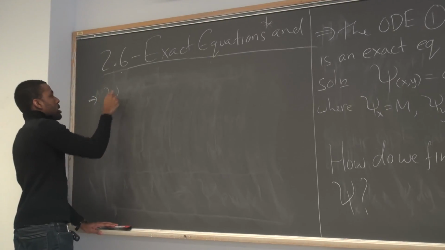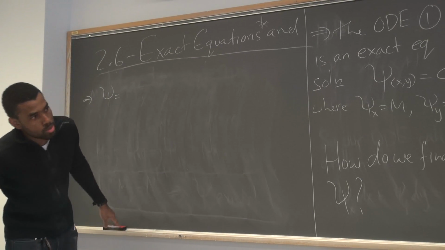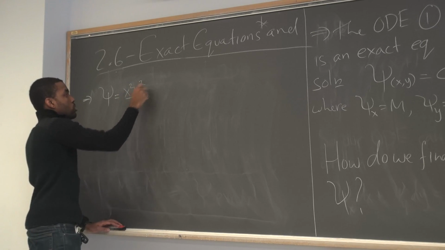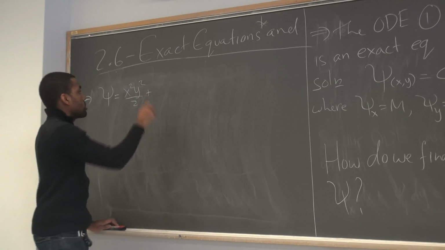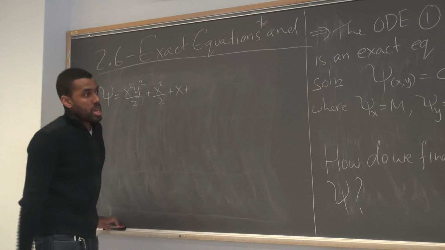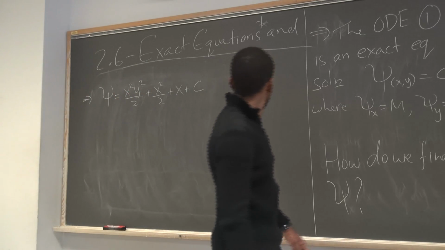So I go back to my psi. I just kept saying gamma. And we have x squared y squared over 2 plus, now my g is just a constant. So I just went back here.